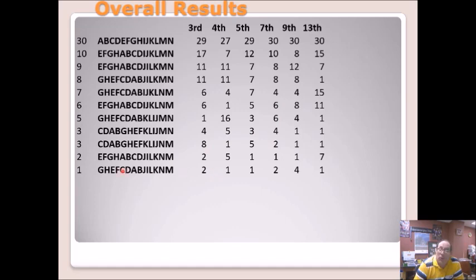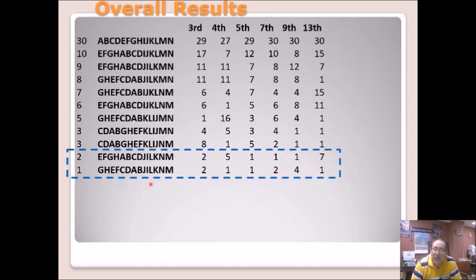The best overall results we see are for the bracket G, H, E, F, C, D, A, B, J, I, L, K, N, M. This is the one that, in fact, was 2nd best for the 3rd, best for the 4th, 5th, 13th, and so on. So that's the one that performed best overall.